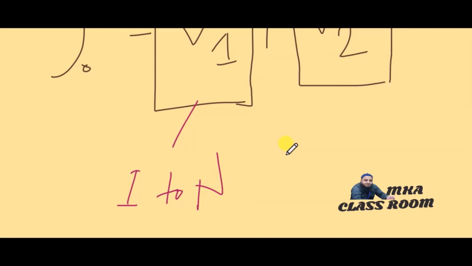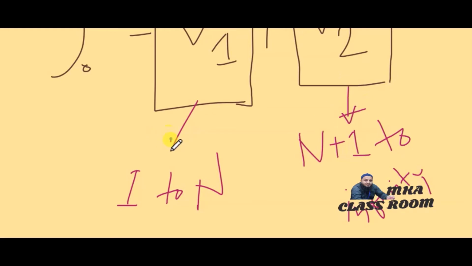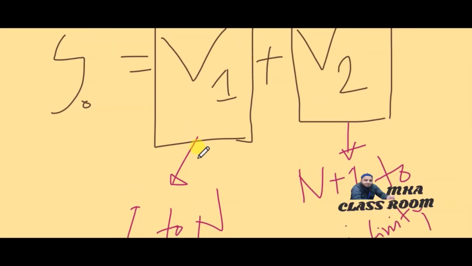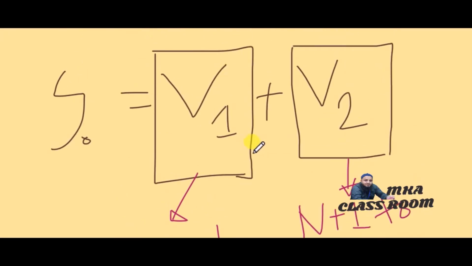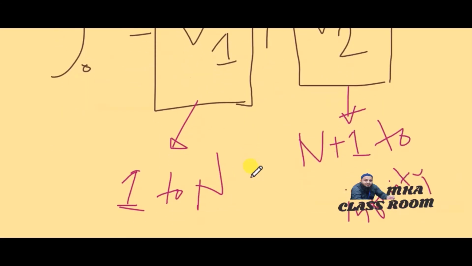And secondly, the flow from period n plus 1 to infinity is referred to as V2. The combination of these two is our valuation model.